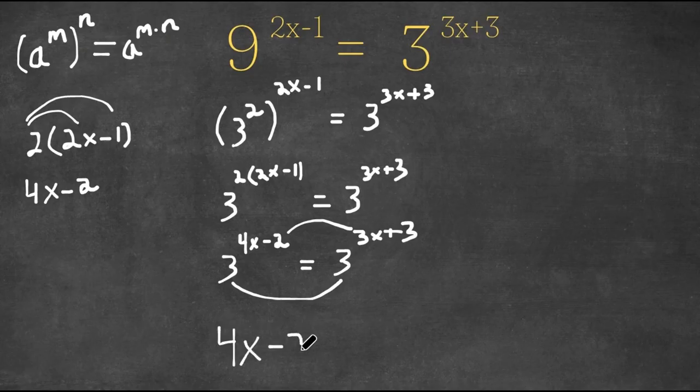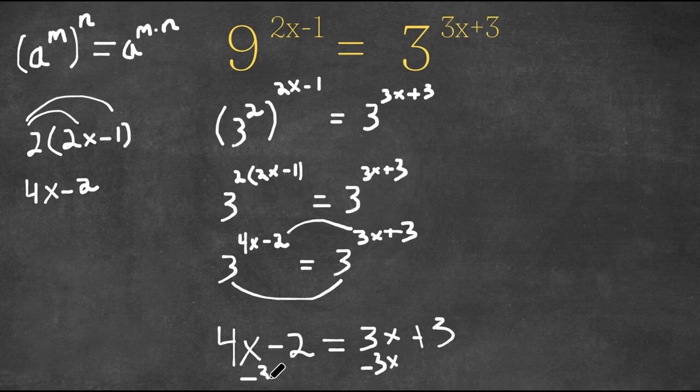So 4x minus 2 is equal to 3x plus 3. And now, as you can see, we have a simple algebraic equation. So to solve this, I'm going to move all the x's to one side. I'm going to subtract 3x on both sides, and I'm going to add 2 on both sides.